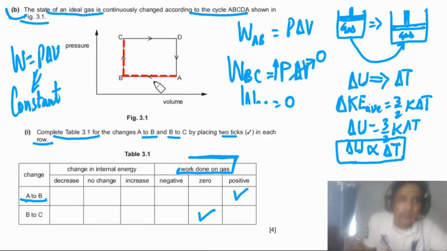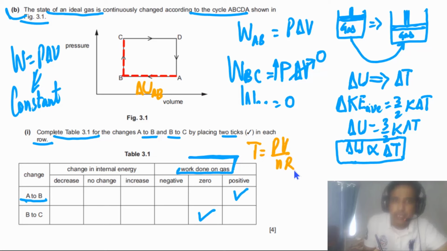Now let's find out how internal energy is changing between A and B. Internal energy depends on the change in temperature, so we can use the ideal gas equation: T is equal to PV divided by nR.